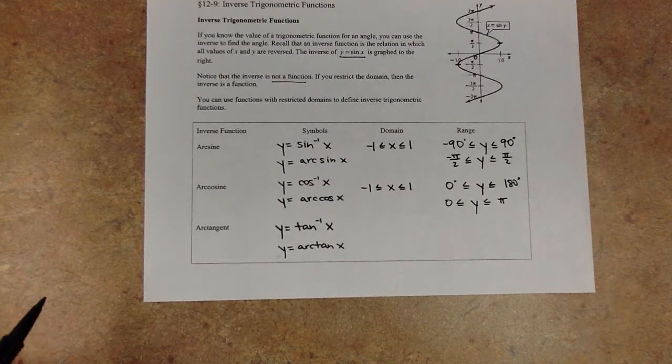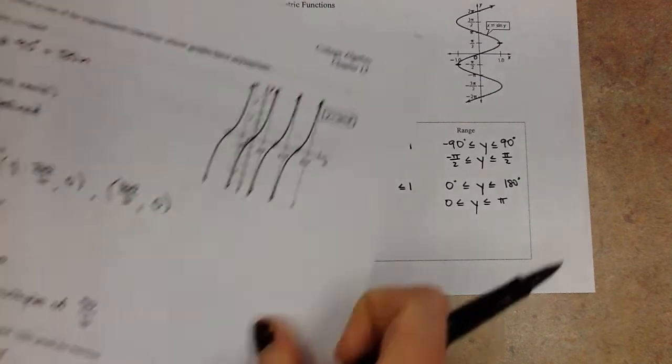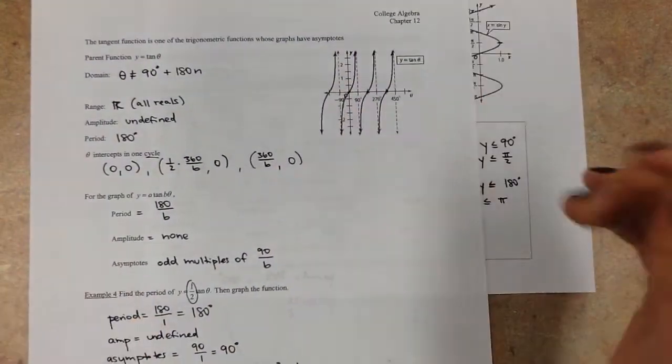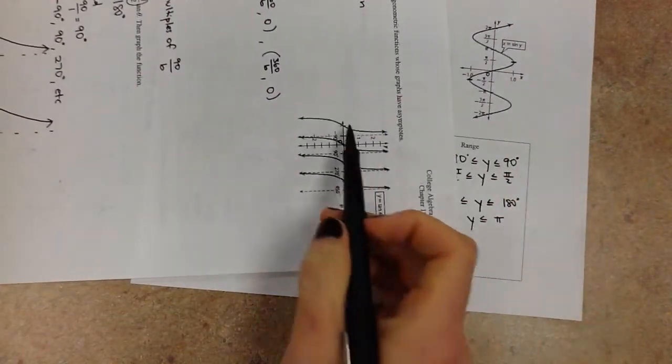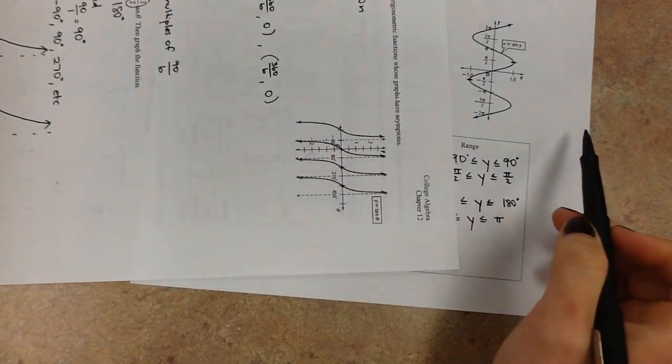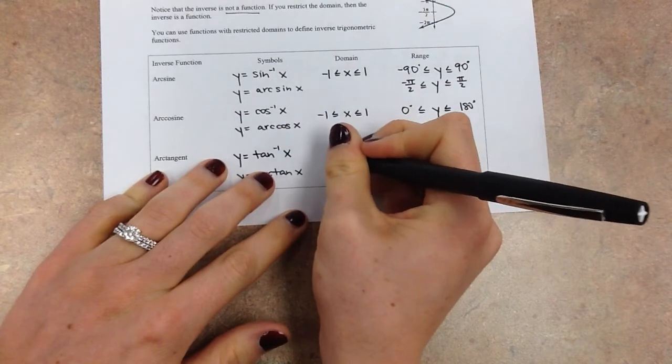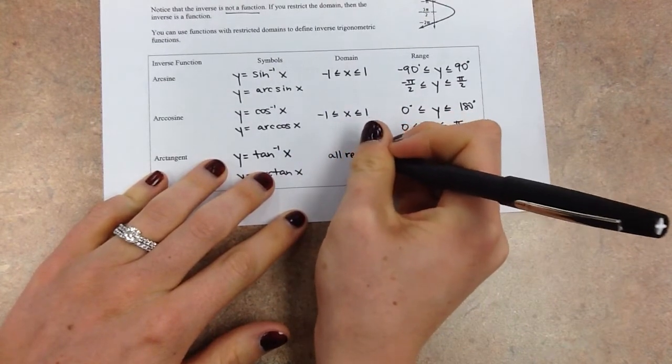My original tangent function looked like this. It wiggles up like this, so if you turn the whole thing on its side, it's going to keep going to the left, it's going to keep going to the right. So we're going to have all of those possible values. So the domain is actually all reals when you're talking about tangent.